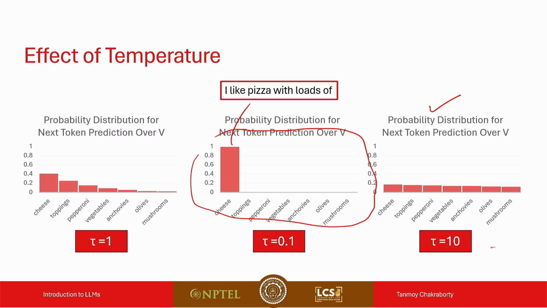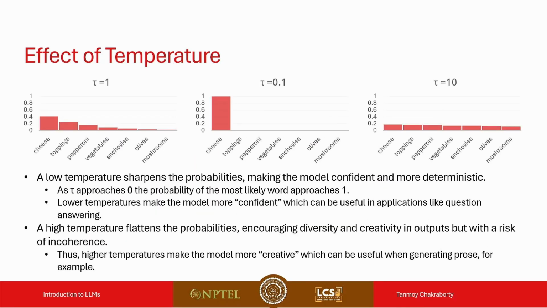This is a very important hyperparameter. So this is written here: if you want to be creative, your tau should be higher. If you want to be deterministic, tau should be lower, and tau equal to 1 is the regular softmax probability. That's it. So this is about decoding.